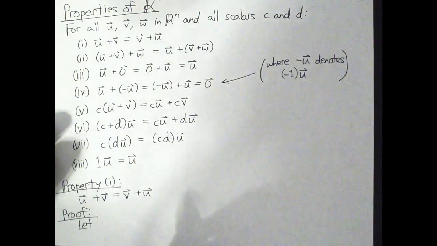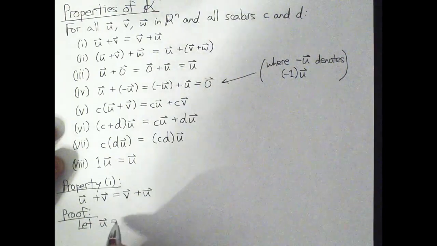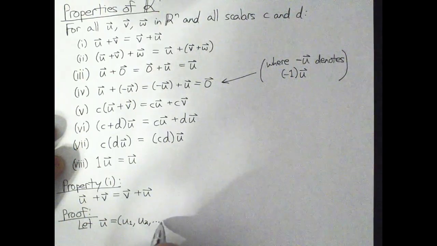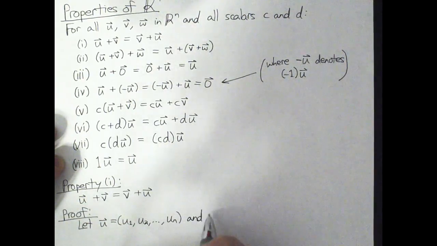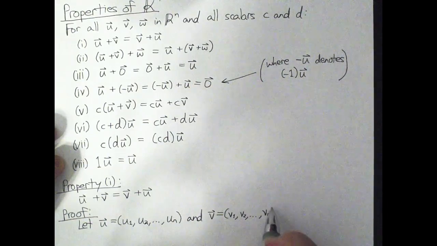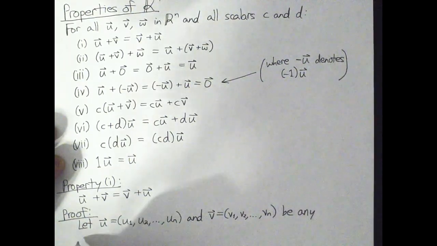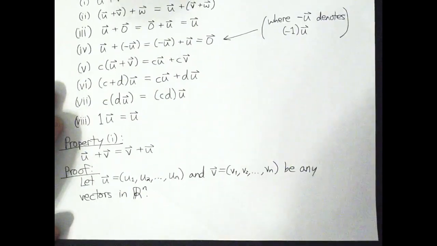Remember above, we said that we could write it either way. So let's let u equal (u1, u2, up to un), and let's let v equal (v1, v2, up to vn), and let them be any vectors in Rn. Okay, good way to start.